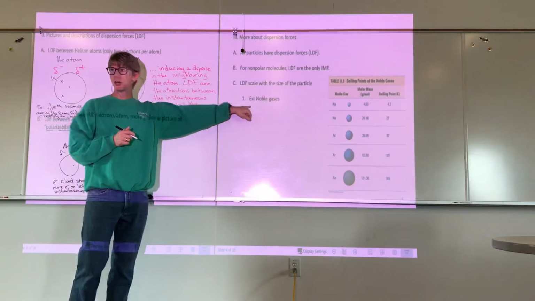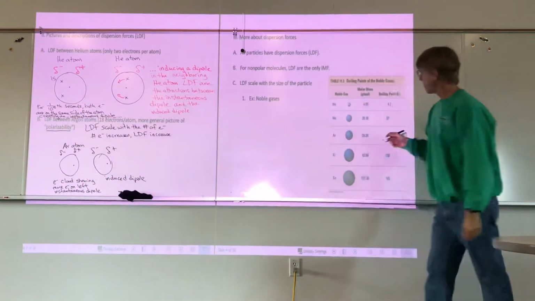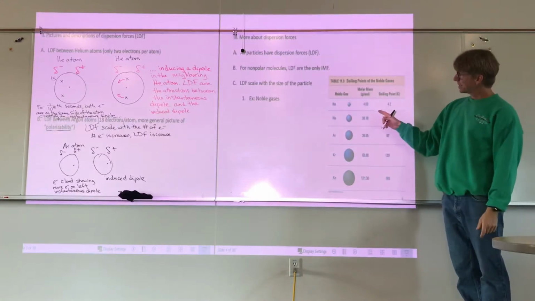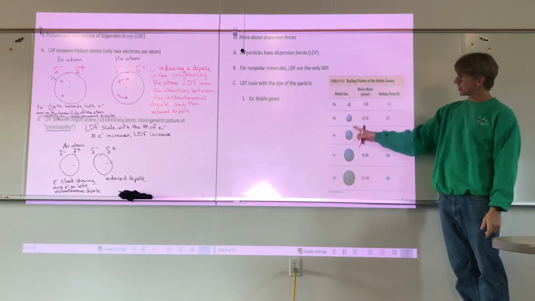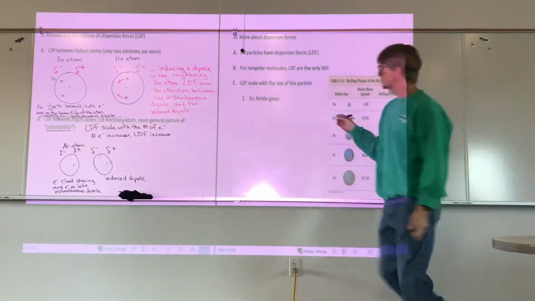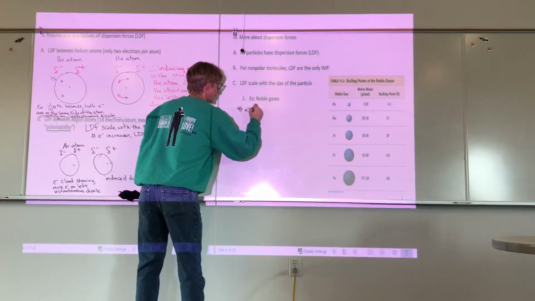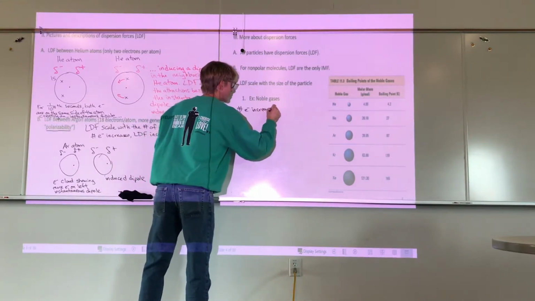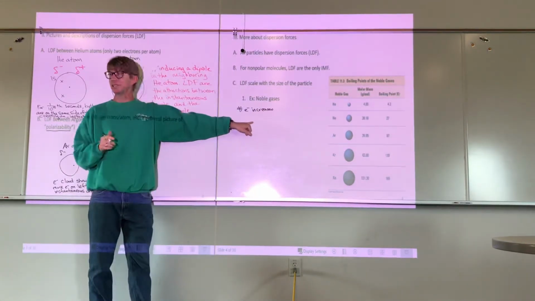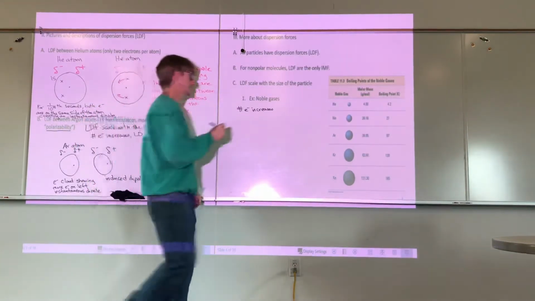For example, the noble gases. These are atoms. And what we're showing here is not just the number of electrons, but the way it's typically done is you just look at the molar mass. So number of electrons increases as the molar mass increases.